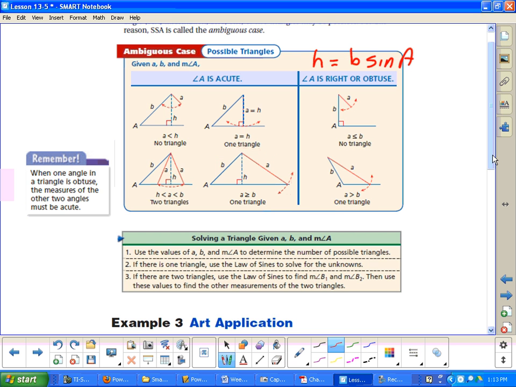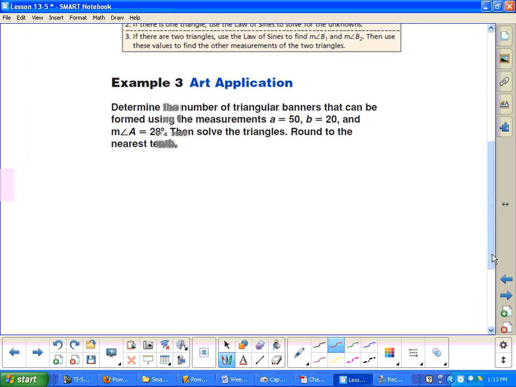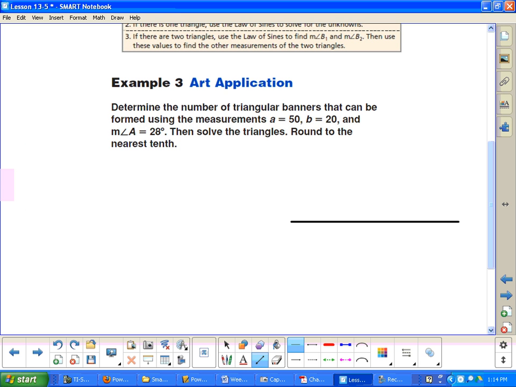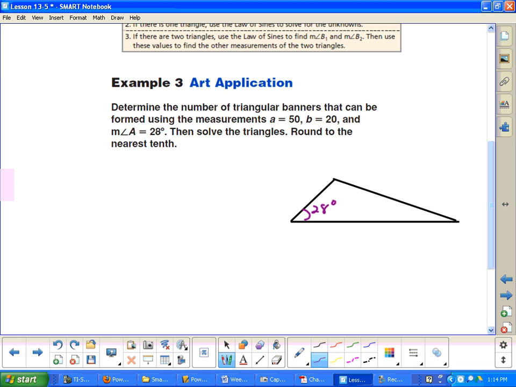So we can set it up. We have the side here, that's our unknown side. That'll always be our unknown side. It says the measure of angle A is 28 degrees. Side b is about 20. Side a is 50. So 28 degrees, here's angle A, side a, side b.